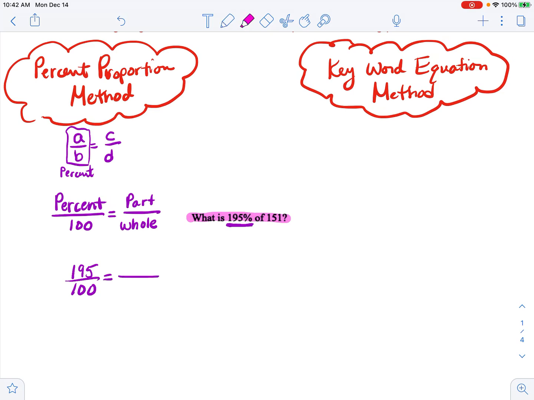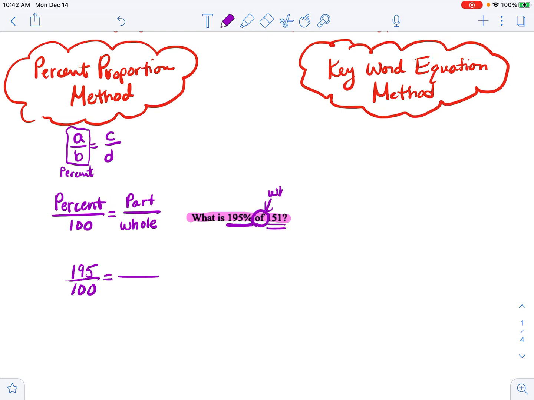Now, the other number that we're working with, 151, we have to decide if that is part of some other number, or is that the whole number that we're trying to find part of? Let me give you a hint. If you see the word of in here, or of 151, that's going to indicate that this is the whole.